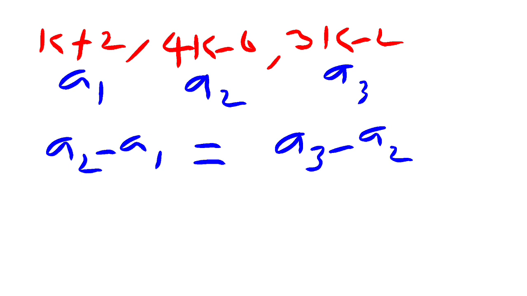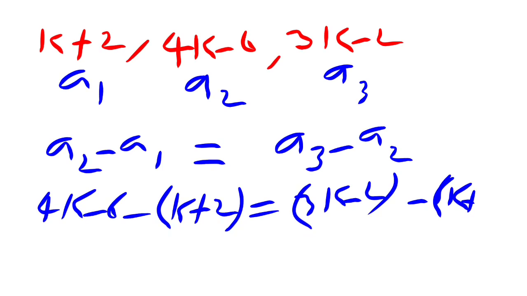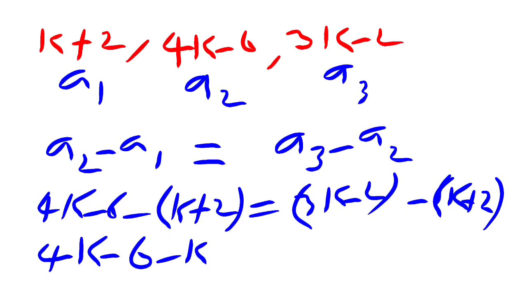So a2 value 4k minus 6 minus, here take the bracket, a1 value k plus 2, it is equal to a3 value 3k minus 2 minus a2 value k plus 2. So 4k minus 6, now remove the bracket, minus k minus 2 equals 3k minus 2 minus k minus 2.